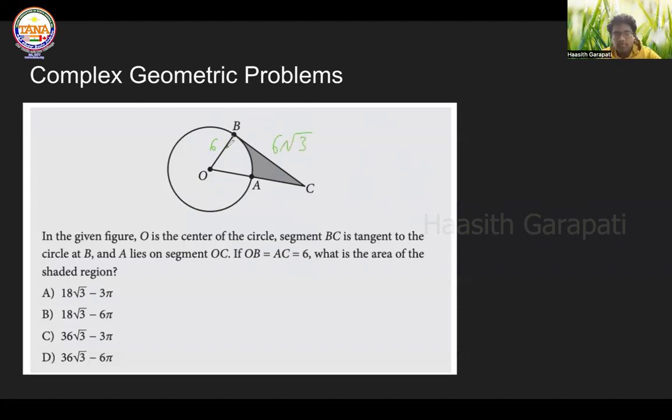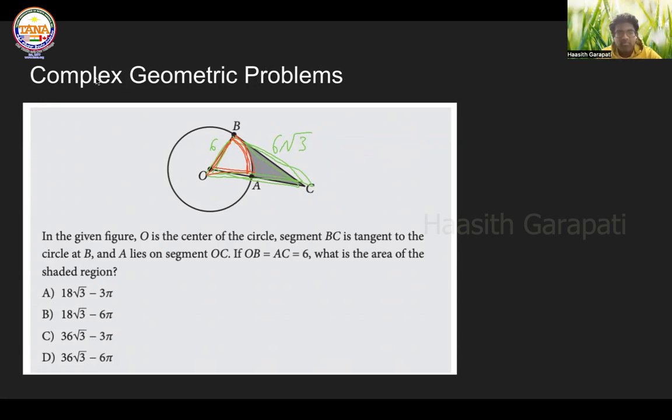We need to find the area of this triangle, and then we need to find the area of this circular segment, and we need to do triangle minus the circular segment, right?